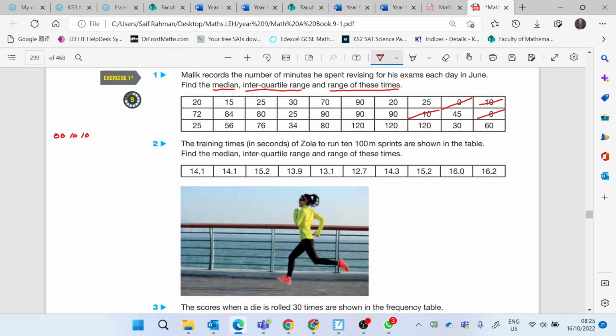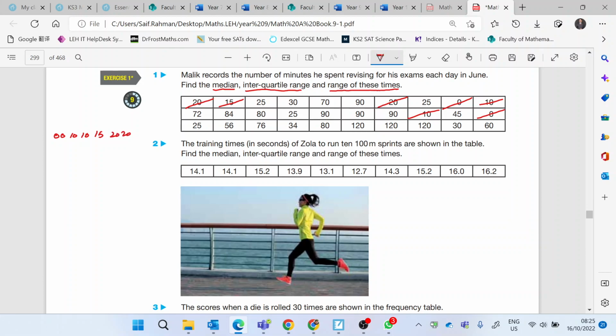After 10, the next data is 15, then 20. How many 20s? One, two. I cannot find any more 20s.